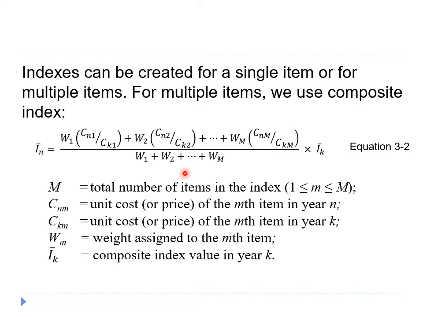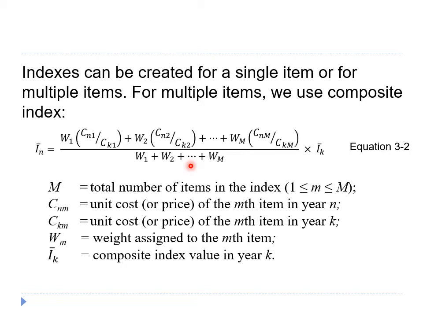As shown by this formula, we can assign different weights W1 until Wm to the items according to their contributions to the total cost. These weights from W1 to Wm can sum to any positive number, but typically sum to 1 or 100.